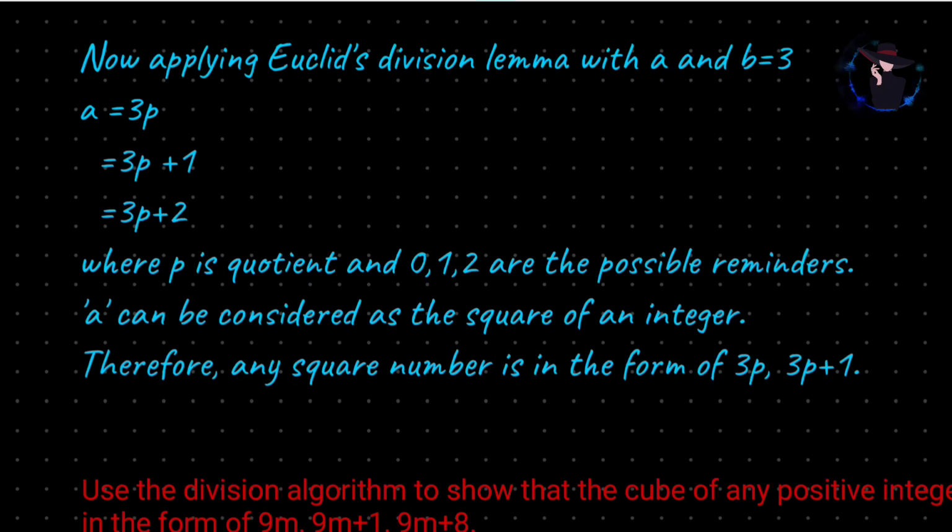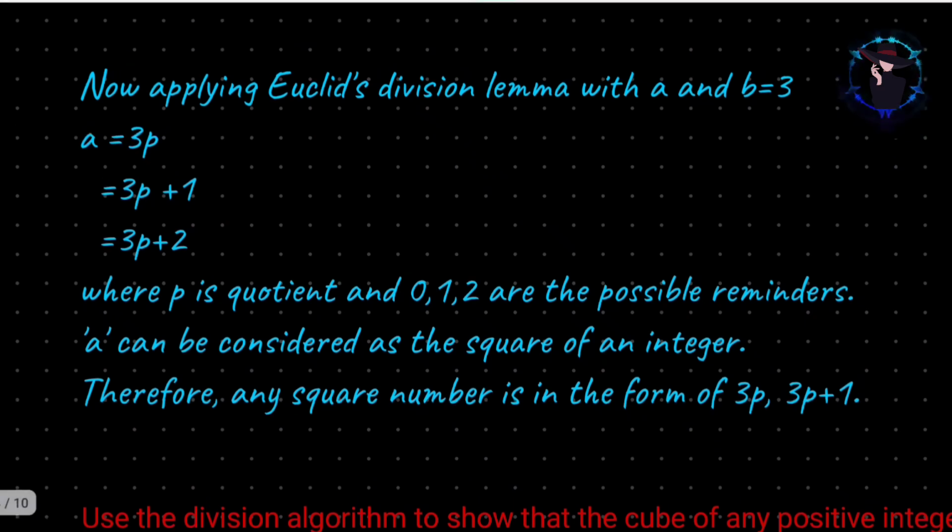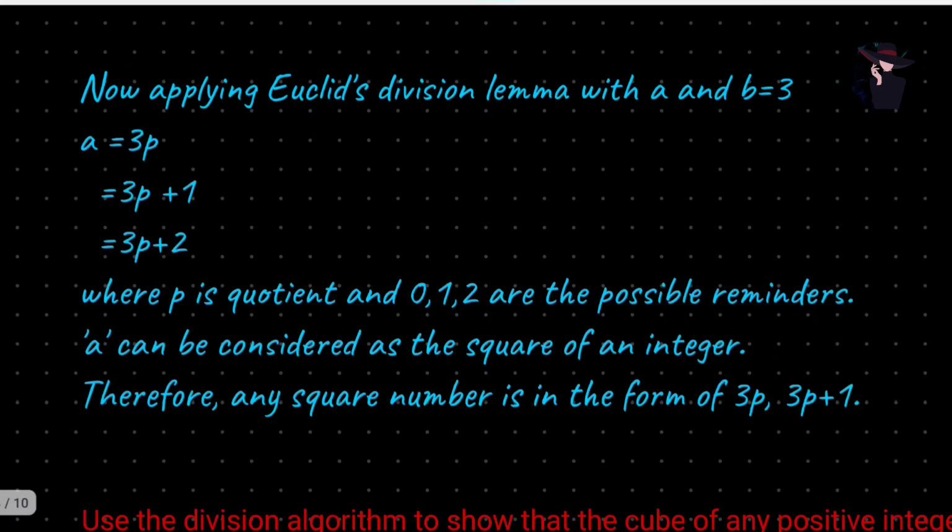So p is the quotient and 0, 1 and 2 are the possible remainders. A can be considered as the square of an integer. Therefore, any square is in the form of 3p or 3p plus 1. As we have already seen, even is satisfied, odd is also satisfied. So any square also satisfies 3p and 3p plus 1.